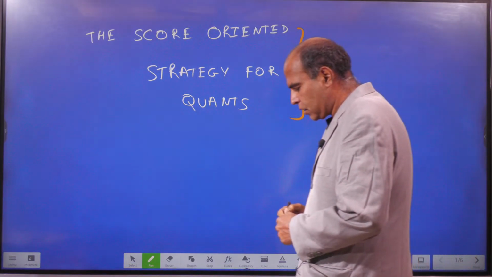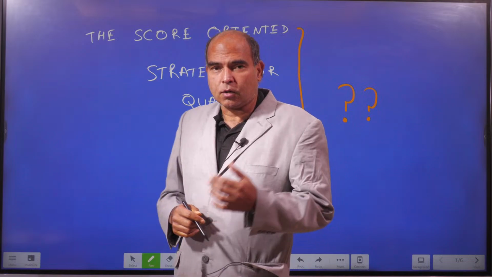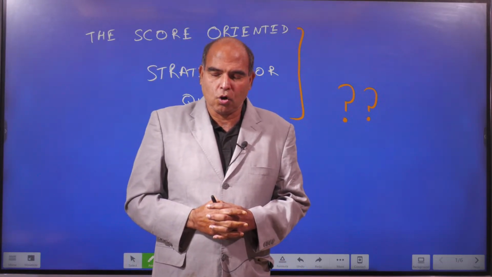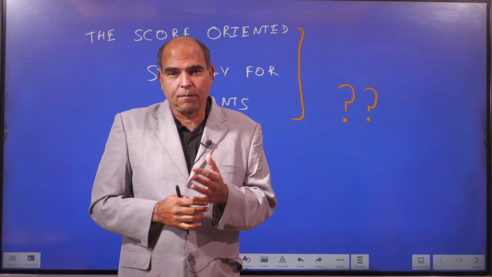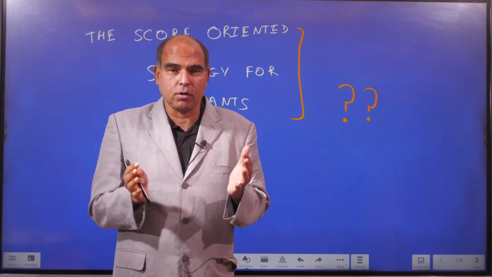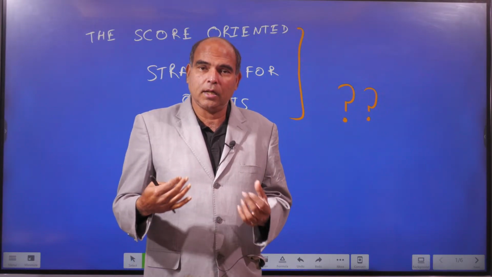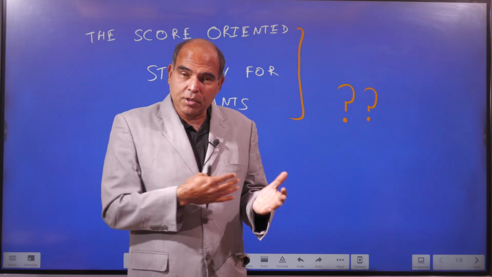So as you know, in CAT 2023, the quant section was the toughest section of all quant sections that we have seen in CAT over the last 10, 15, 20 years, and that's saying a lot because CAT toughness in quants has been established over the last 20 years.